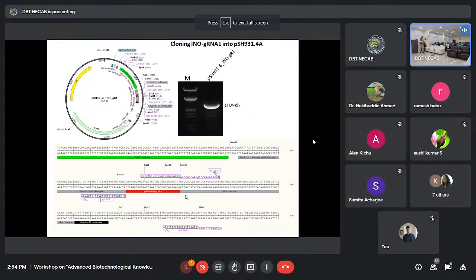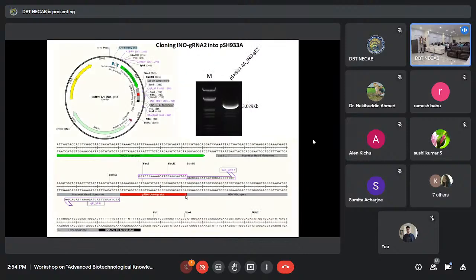Since my primer contains the guide RNA, the amplified product will include it. Initially there is no guide RNA, but this amplified plasmid will contain your guide RNA.